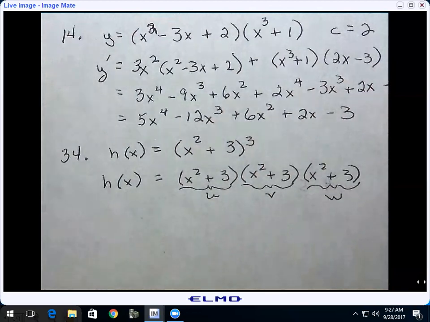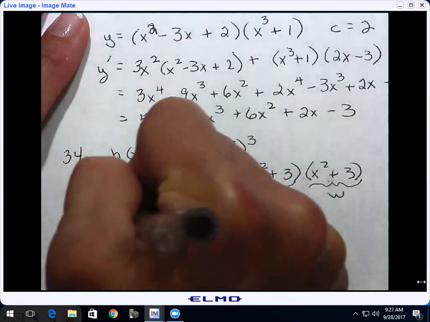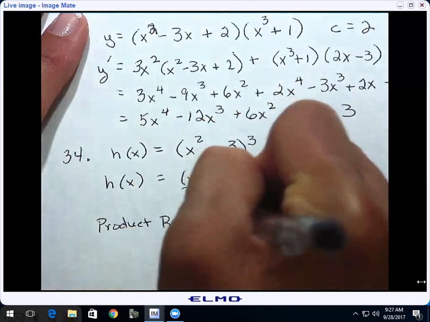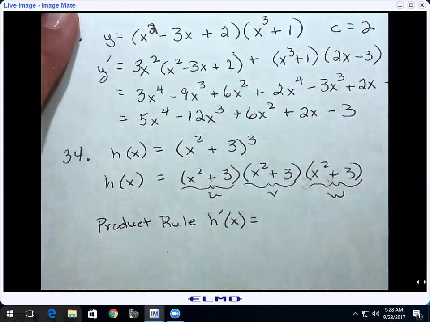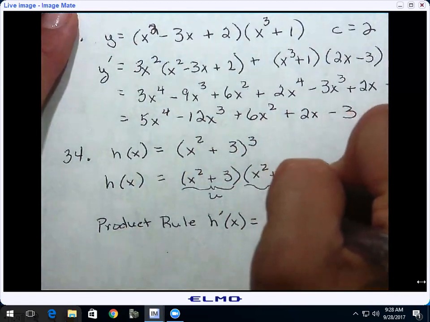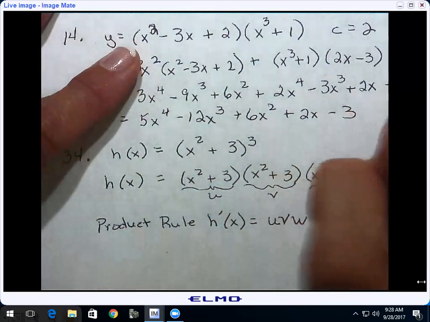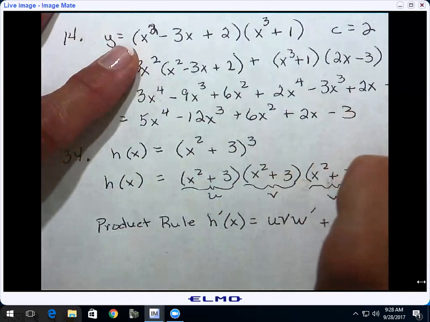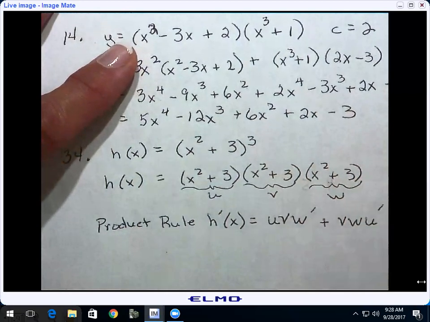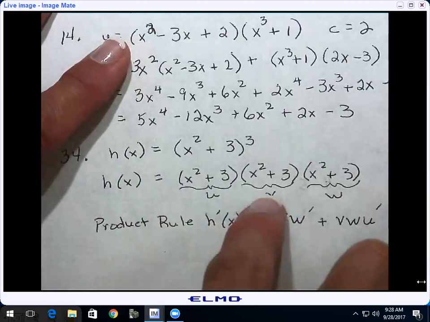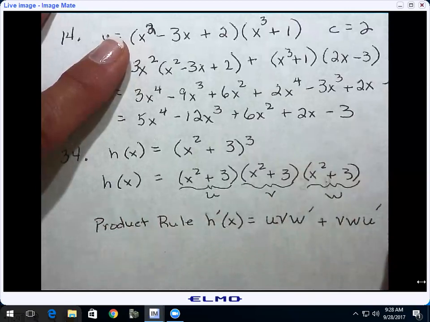Then the product rule for 3 factors is going to say the first and the second times the derivative of the third, plus the second and the third times the derivative of the first, plus the only thing we haven't taken the derivative of yet is b, so the first and the third times the derivative of the second.